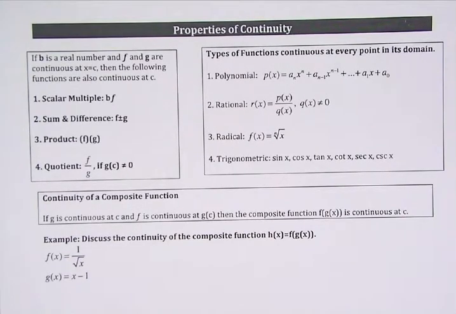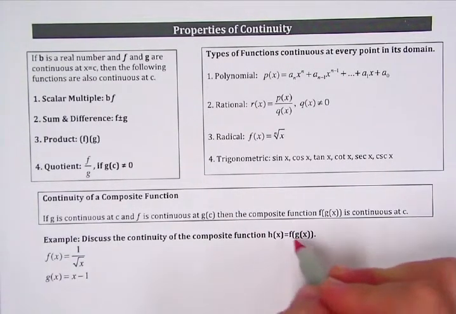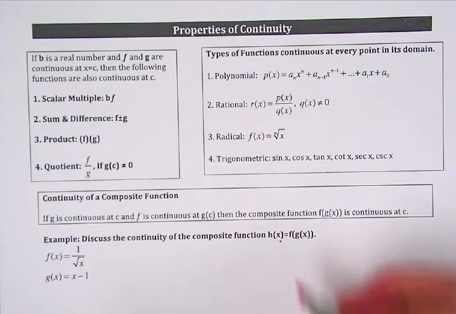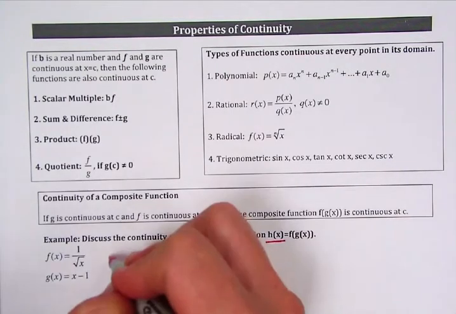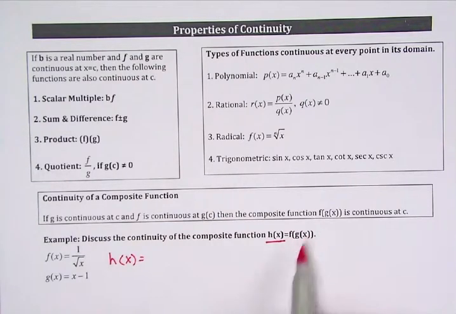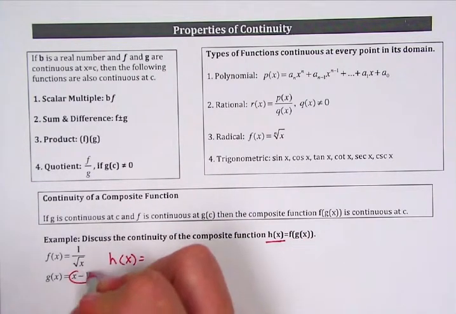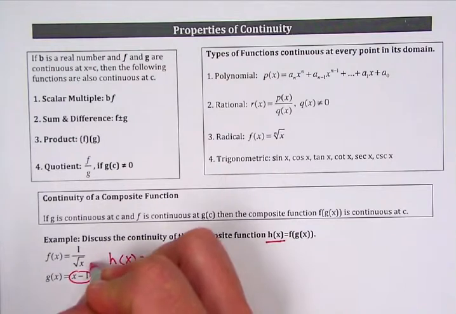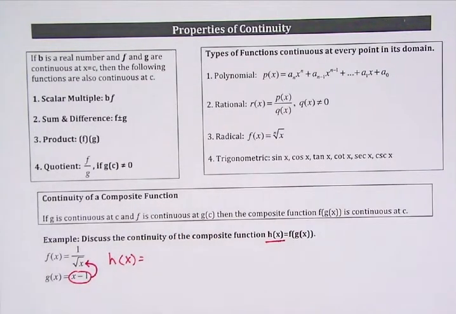So really what we want to do here is just figure out what h of x is equal to. Okay, so it's f of g of x, meaning we're going to take g of x, we're going to substitute that in for x right here.